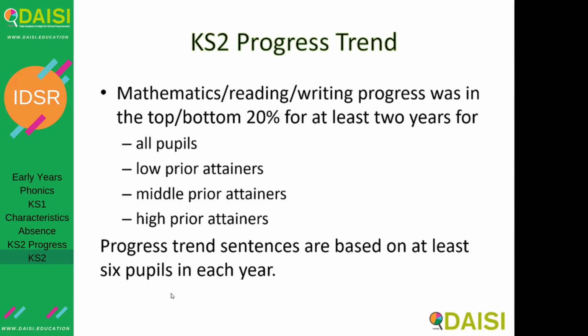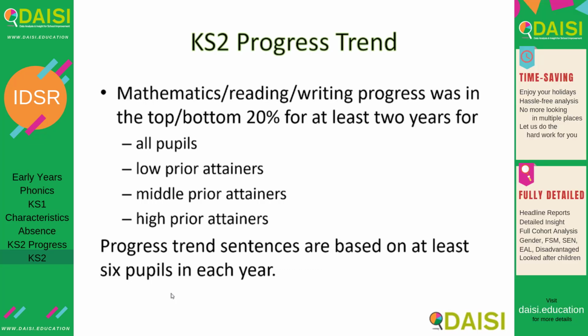So I have seen, for instance, maths, reading and writing progress was in the top 20% for at least 2 years for your middle and your high prior attainers, which might immediately make you go, well, what about our low prior attainers? Well, it turns out there were only 5 low prior attainers, so that wasn't eligible to be on the front page. However, when you investigate it, you actually find you were in the top 20%.